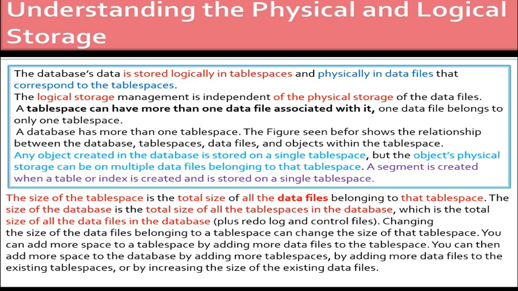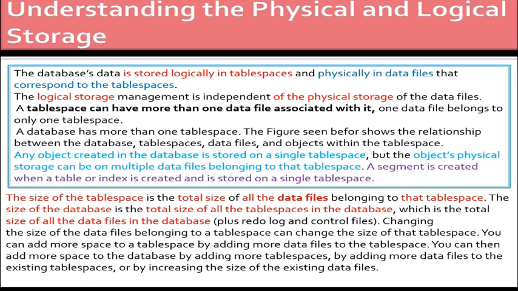One data file belongs to only one table space. A database has more than one table space. The figure seen before shows the relationship between the database, table spaces, data files, and objects within the table space.